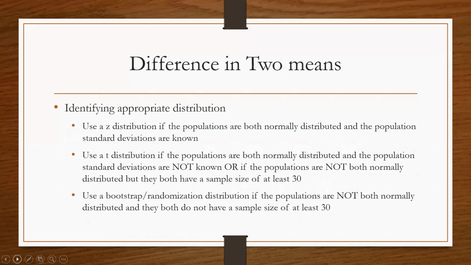You can use it if the populations are both normally distributed but the population standard deviations are not known, or if the populations are not both normally distributed, but they do have a sample size of at least 30. And then if you want to use a bootstrap or a randomization distribution, the only way you can do that is if the populations are not normally distributed and they don't have a sample size of at least 30.